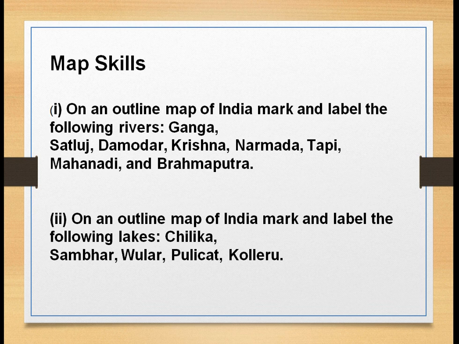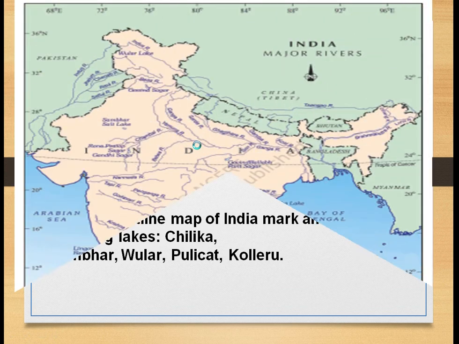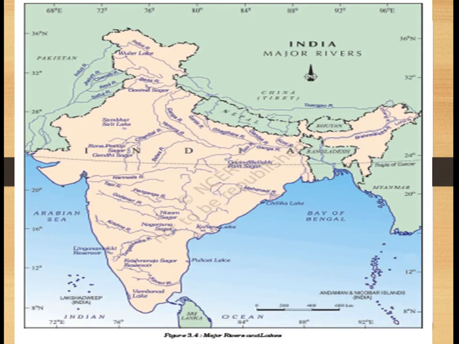From this chapter you can understand which river is where, and when some mark is there in the map work, you can quickly understand which river that is, and you can get the marks correctly. So for these 2 points, Satluj is here, Damodar is here, Krishna is here. Where is Satluj? You have to find out where the Satluj river is.